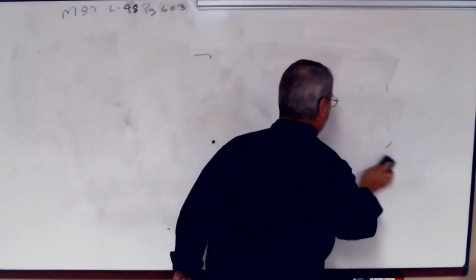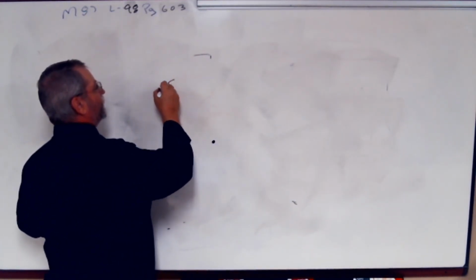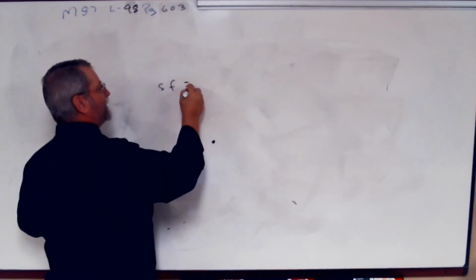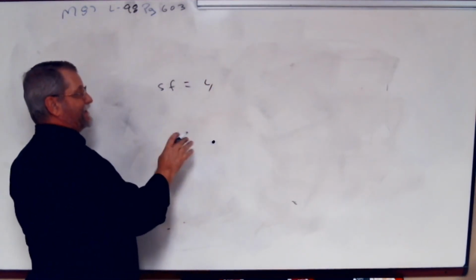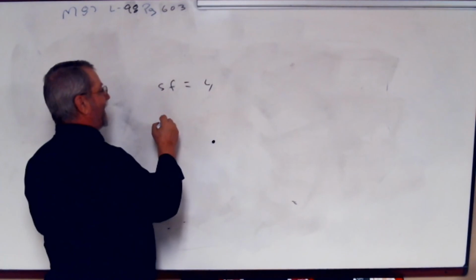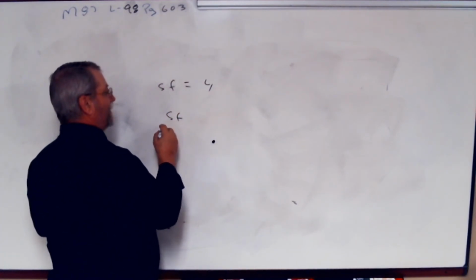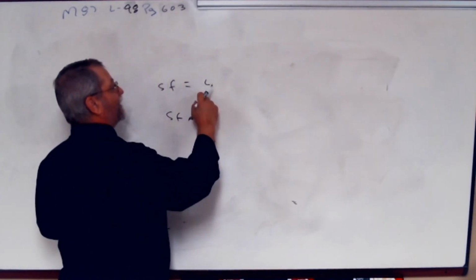So if I have a scale factor, let's say the scale factor between two objects is 4. Okay? Just the distance. Then the scale factor for the area is going to be this.